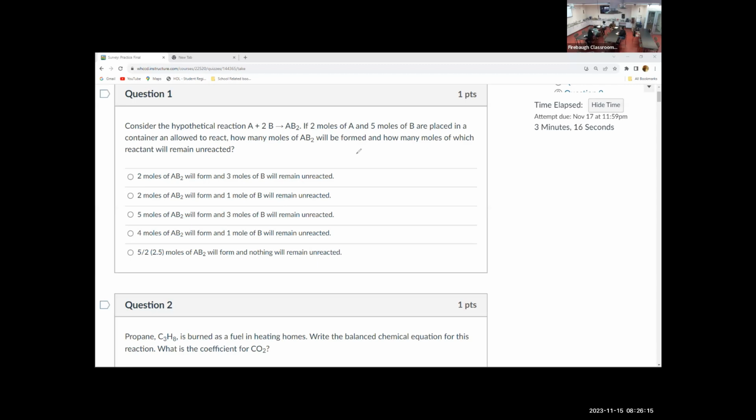A and B. Since we have quantities for both A and B, we're going to have to use both of them to figure out which one is extra. So we're going to do 2 equations.